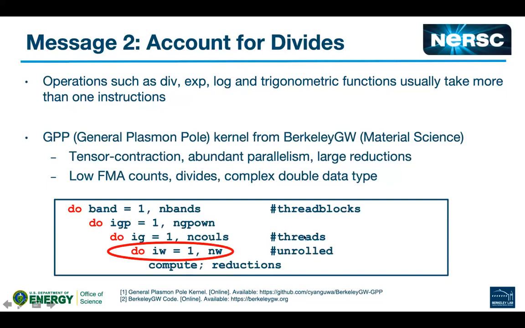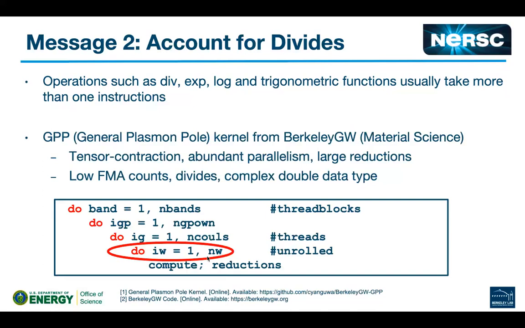And because the total data movement is not going to change, but the flops will, the arithmetic intensity will change. But that's just one of the examples of the different variants of GPP. We're going to use more of the different variants of GPP, so I'm going to talk about that later.